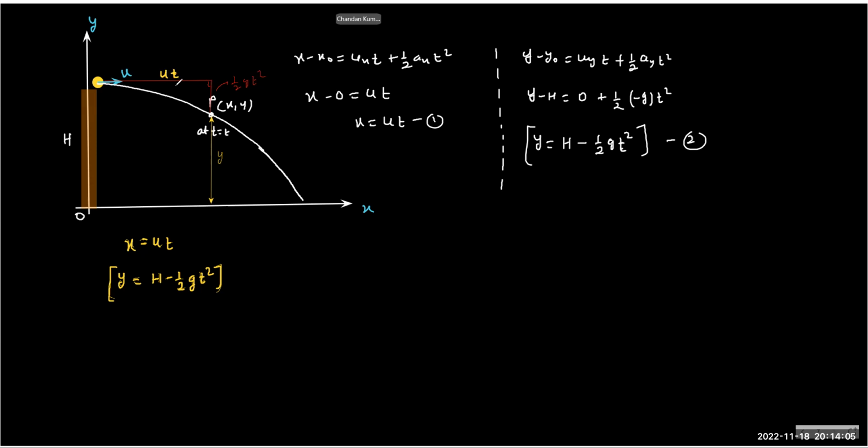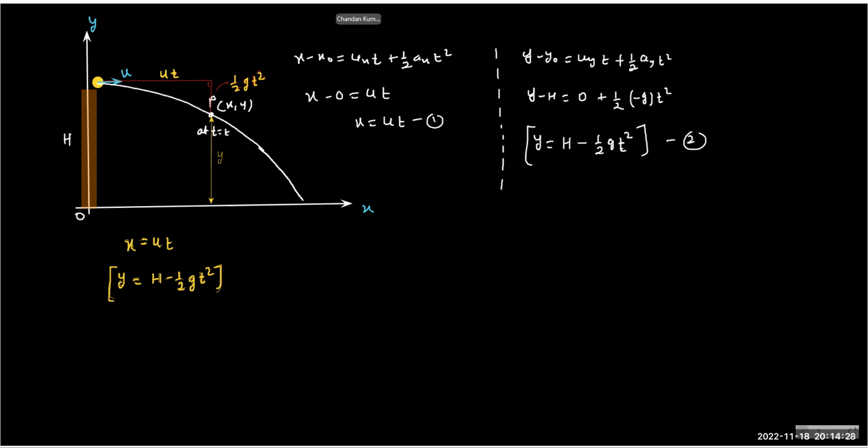So x is ut. In the same time, gravity will pull you down with half gt square, vertically down. I have said it, you have listened to it, but none of you have realized it. And that is why the y value is only h minus this value.